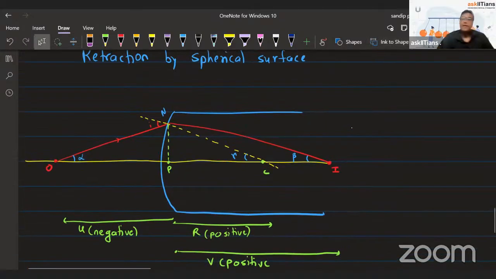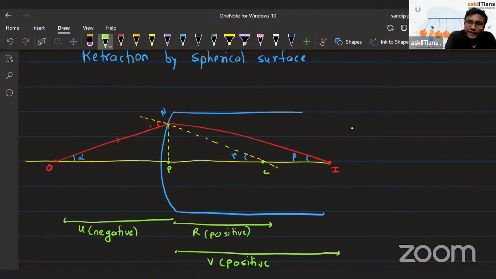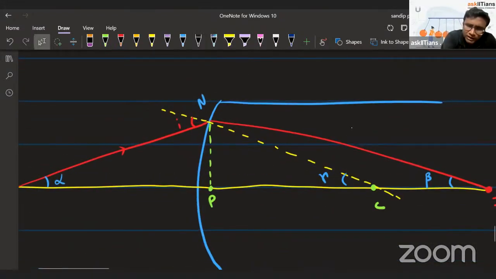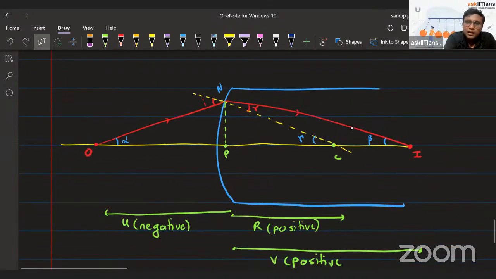In this derivation, what you need to remember first is alpha, beta, and gamma. We are going to need the relation between all of those. This one is I, and this one is angle R, the angle made after refraction by the refracted ray with the normal.